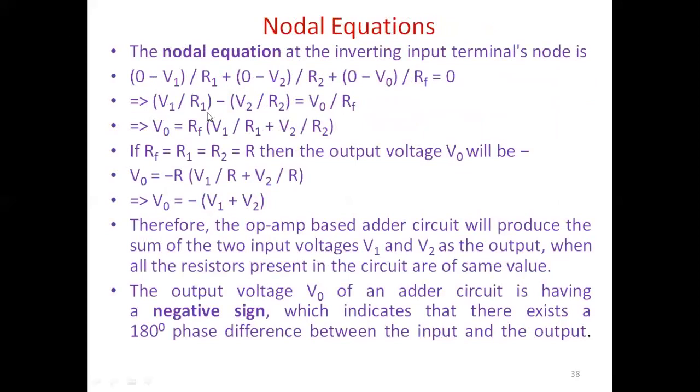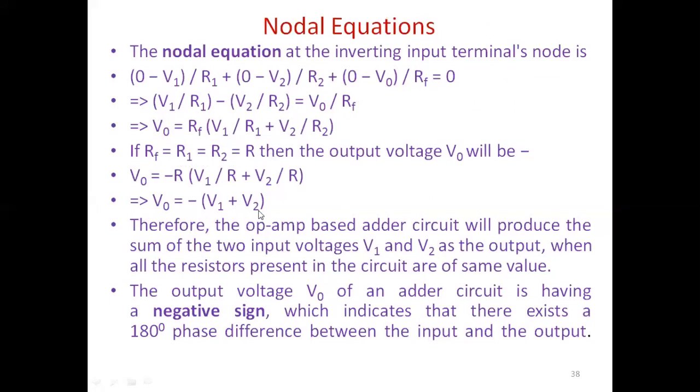V1 by R1 plus V2 by R2 equals minus V0 by RF. Then V0 equals minus RF into within brackets V1 by R1 plus V2 by R2. If I make RF equal to R1 equal to R2 equal to R, the output voltage will become V0 equals minus of V1 plus V2.